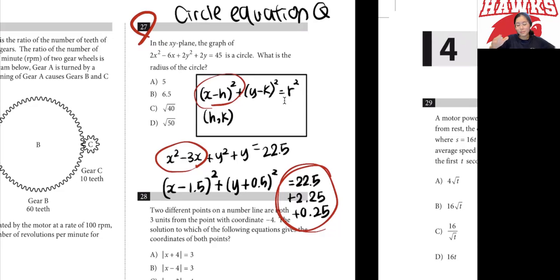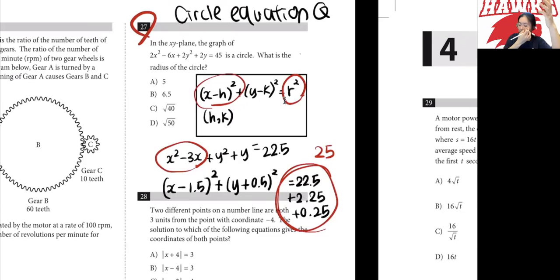Most likely, when you're asked about the radius of the circle, it's going to be a perfect square, like 9, 25, 64, 81. That's when you know you're doing this right. So we got 25, and we already have this in the circle equation format, and we know r squared is 25. So we need to equate those together.